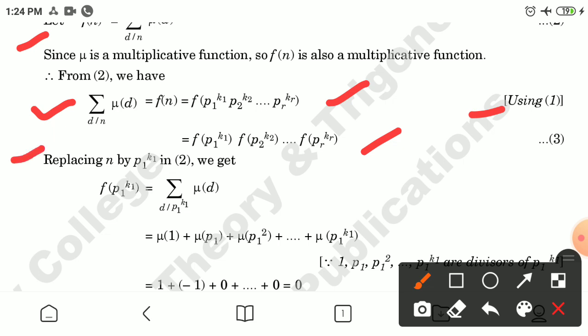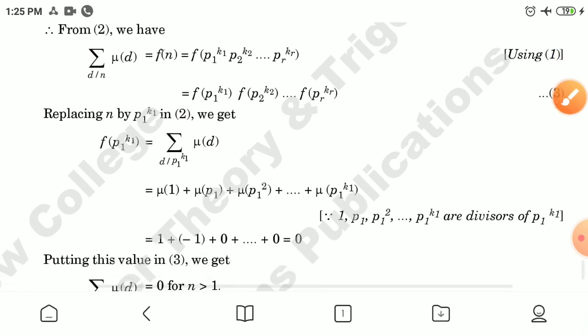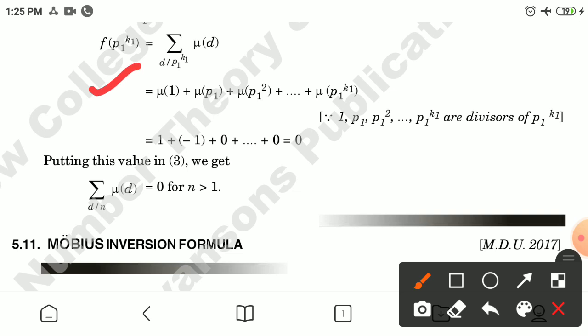Now replacing n by p1 raised to power k1 in the second result, we get f at p1 raised to power k1 is equal to summation of mu(d) where d divides p1 raised to power k1. This is equal to mu(1) plus mu(p1) plus mu(p1 squared) plus so on up to mu(p1 raised to power k1), since 1, p1, p1 squared, up to p1 raised to power k1 are the divisors of p1 raised to power k1.